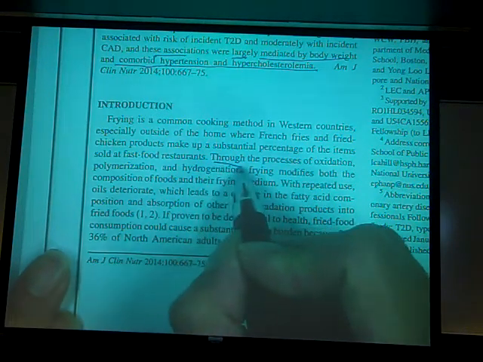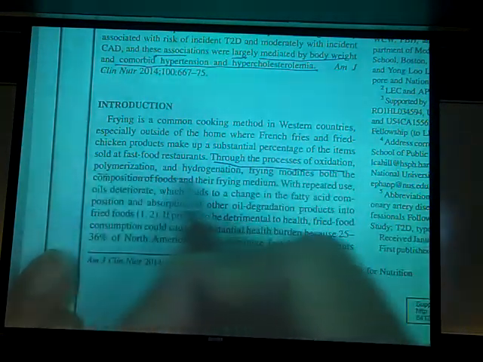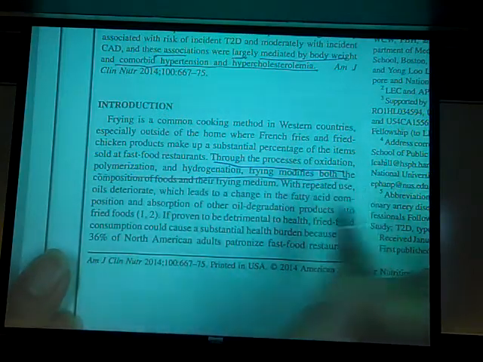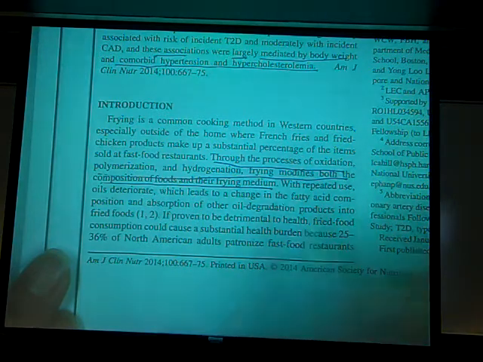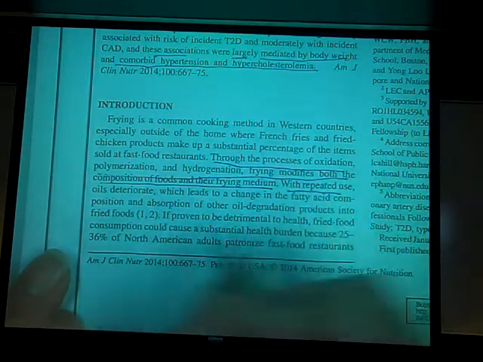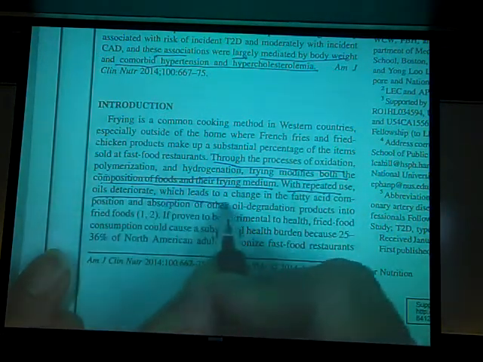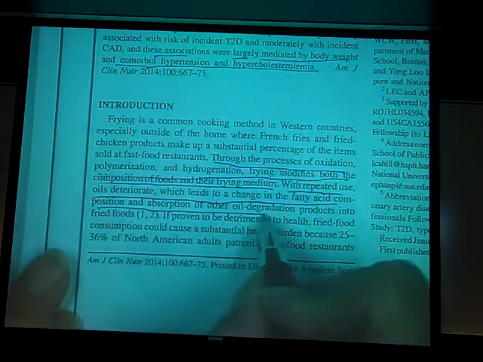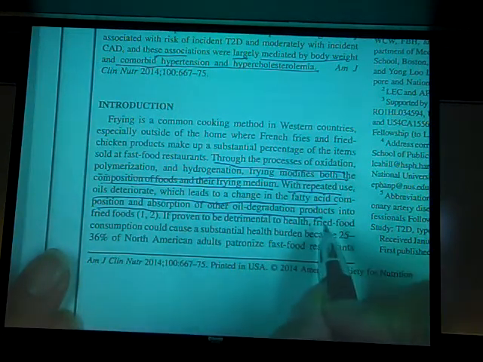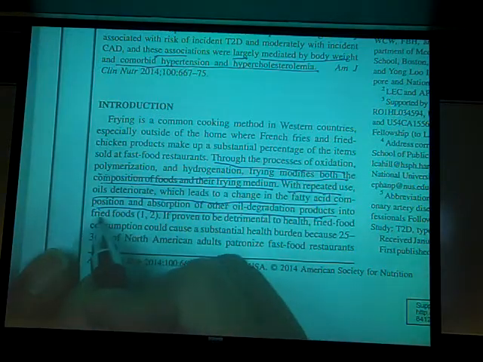So right here, through the process of oxidation, polymerization, and hydrogenation, frying modifies the composition of foods and their frying medium. With repeated use, oils deteriorate, which leads to change in the fatty acid composition and absorption of other oil degradation products into fried foods.